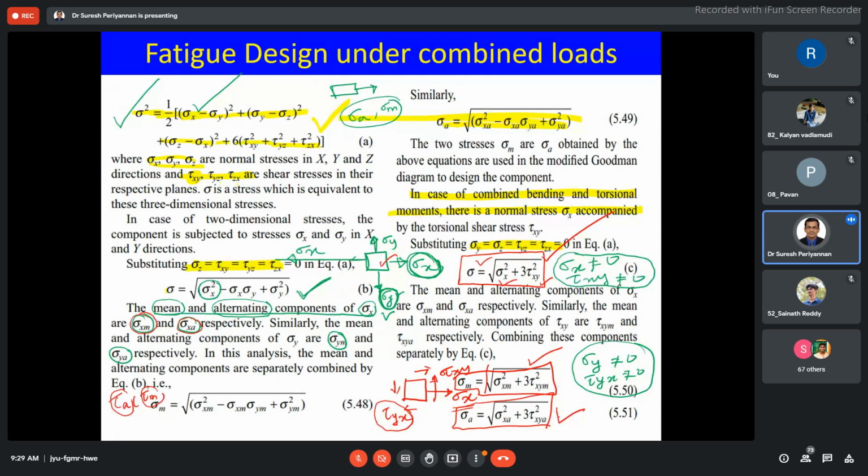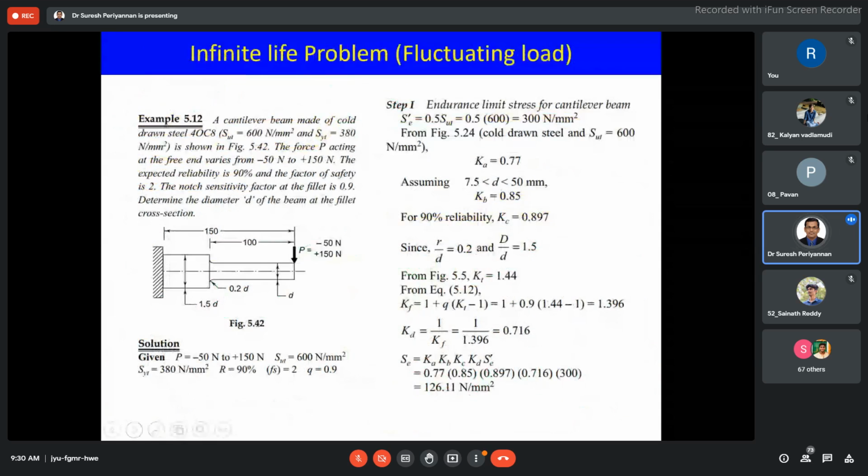This is the stress amplitude when the component is subjected to tensile and bending and external torsional shear, all combined here. Now this is the concept.